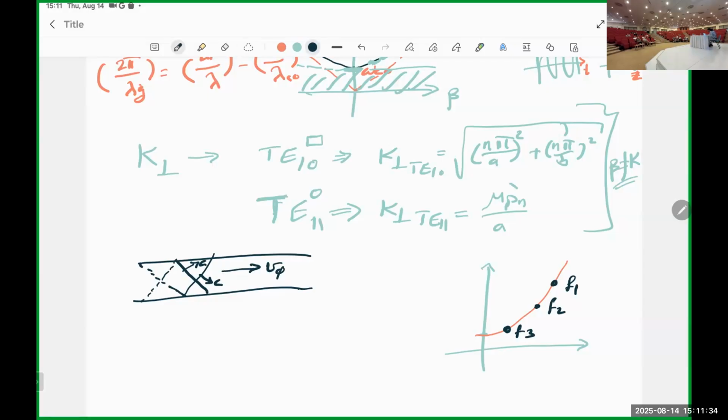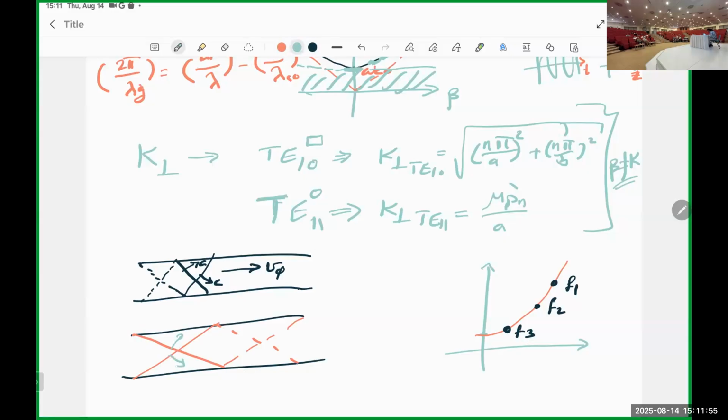If we decrease the frequency instead, let's go to F3, your ray representation will be like this. The wave will be going even sharper.